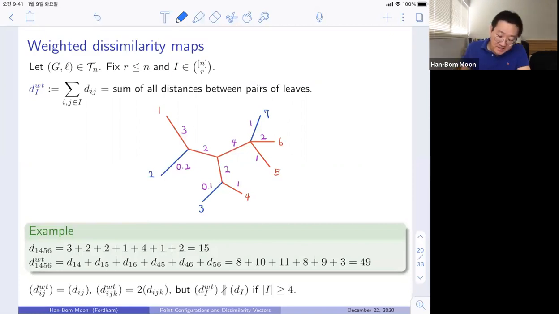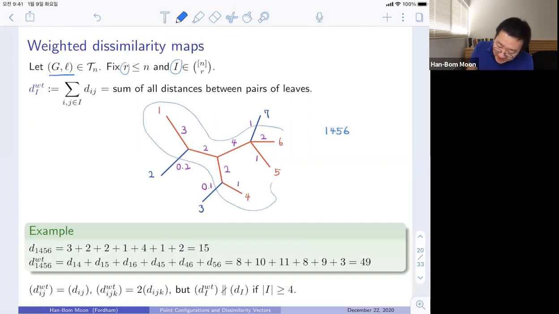Okay, so here is the definition of a modification of the dissimilarity map we introduced before. Suppose that we have a metric tree, fix R, and take a subset I of the set of leaves. Here is an example: 1, 4, 5, 6. Then we can describe the subtree spanned by these 4 leaves.